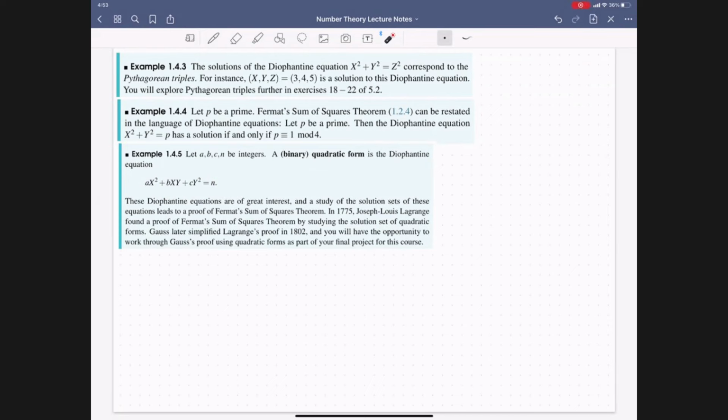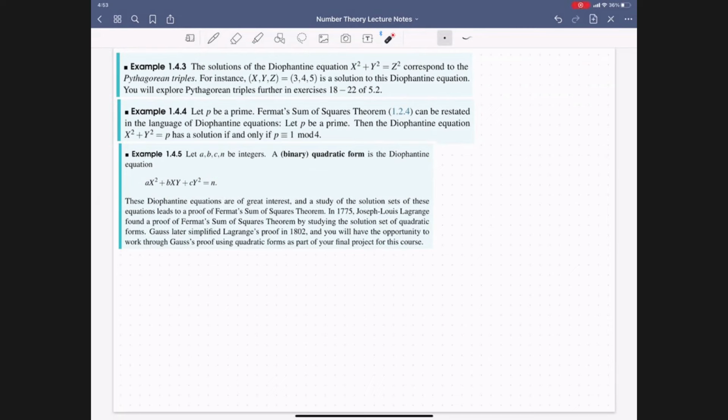And one of the beautiful aspects of mathematics is that in this situation, Lagrange was studying Diophantine equations and devised a new proof of Fermat's sums of squares theorem, but Gauss was able to go one step further and uncover marvelous aspects of these Diophantine equations that had deep ramifications throughout number theory.